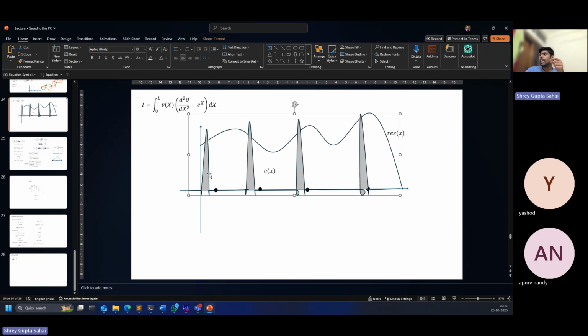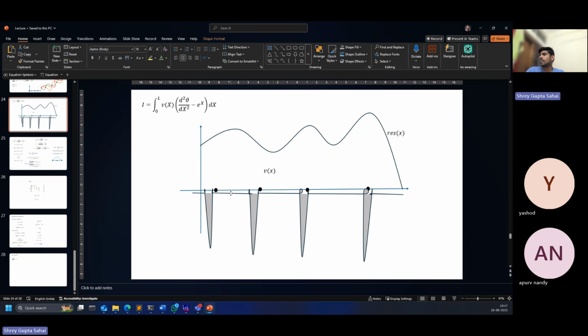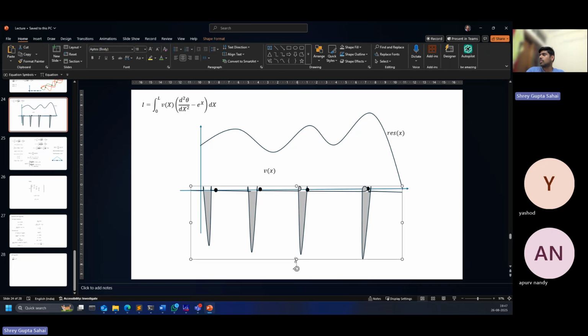Again, this problem will arise that if we add across all points in one go, then something can happen. Like the error in this region can be positive and in this region can be negative, it can flip, right? That can also happen, so we don't want that.